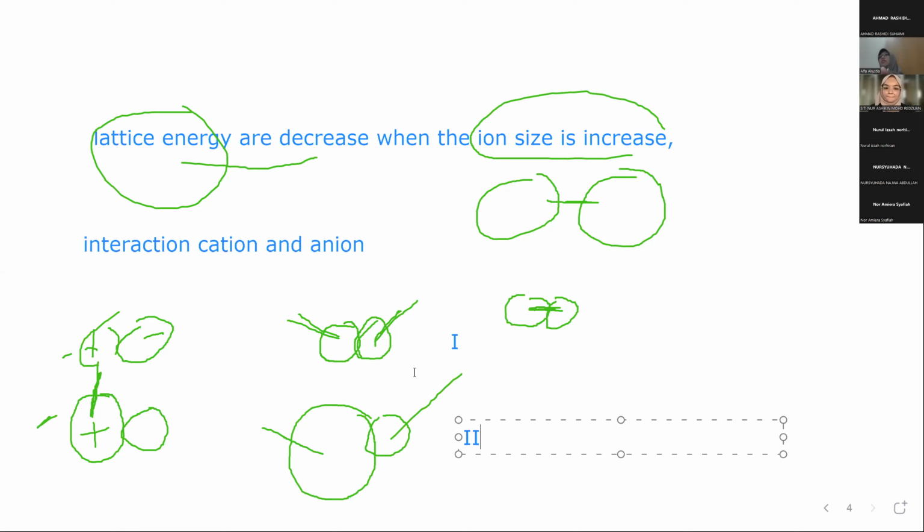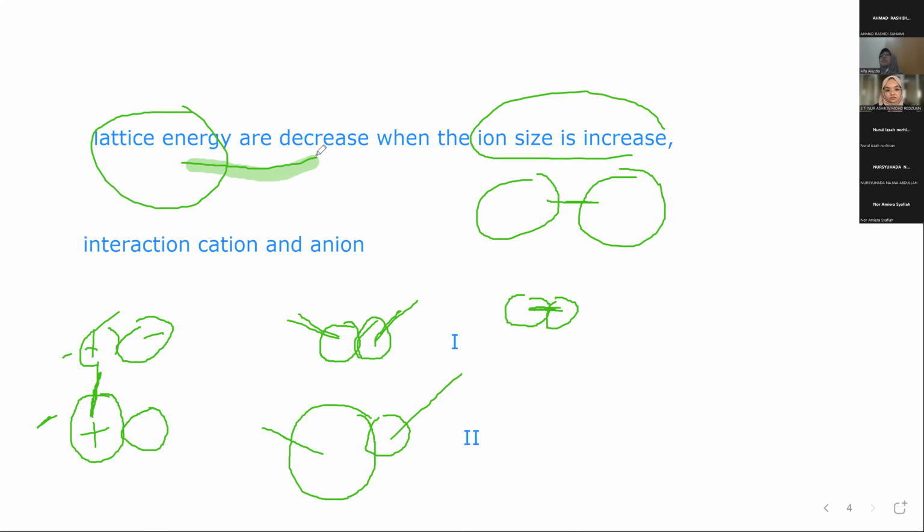The good interaction is happening with the size of apple and orange. Apple and orange, that's right. This is the reason. You have answered the question.